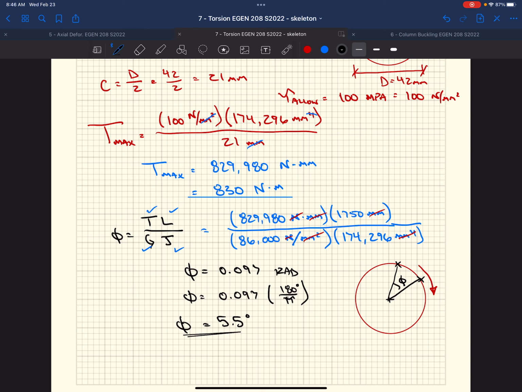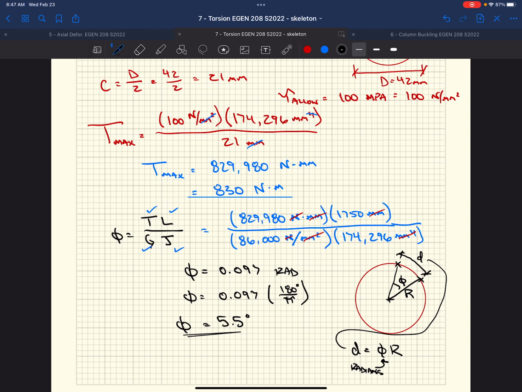If I was standing there, and you wanted to know what distance you moved, what is this distance here? It would be phi, in radians, times our radius R, the big R to get us out to the outside of our shaft. And then we could figure out how far we moved.